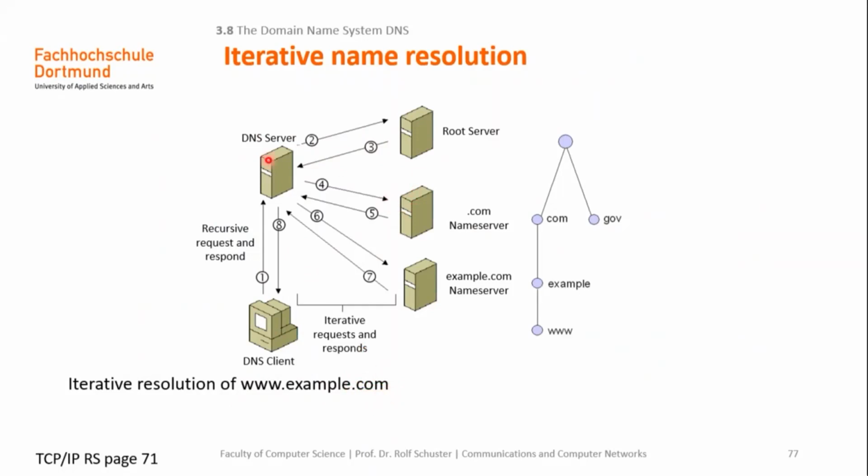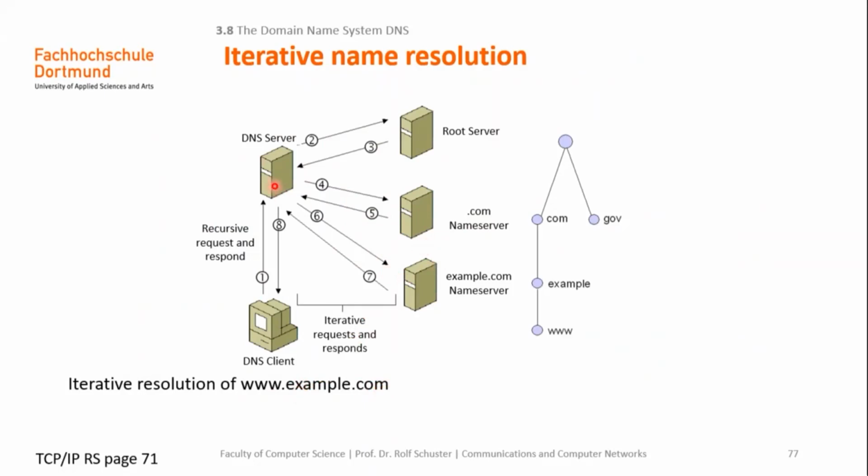Then this DNS server will perform another iterative query to the name server of the zone .com. This name server will answer with the name and IP address of an authoritative server in the example.com zone.